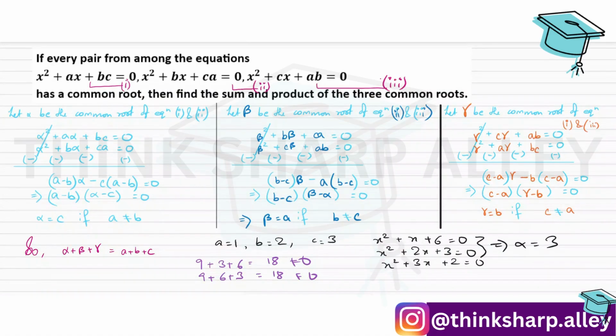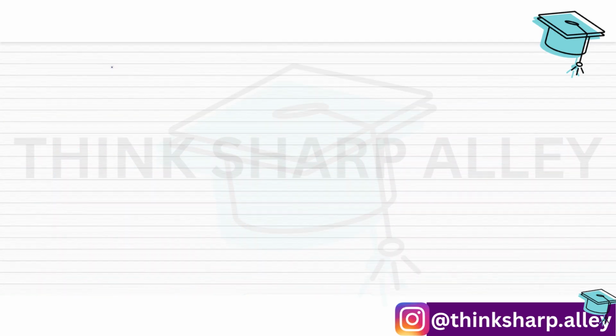Now let us understand what went wrong. We proved that if a common root exists between equation 1 and 2, then it must be c. But we assumed c is definitely a root. These are not the same thing. Let me explain. When we got alpha is equal to c, the statement is: if alpha is a common root of equation 1 and 2, then alpha must be equal to c.